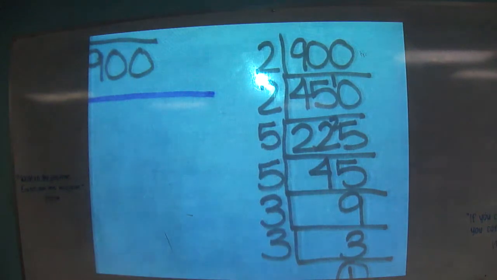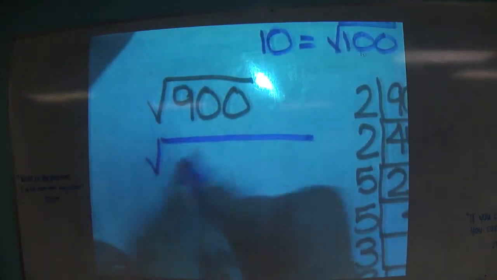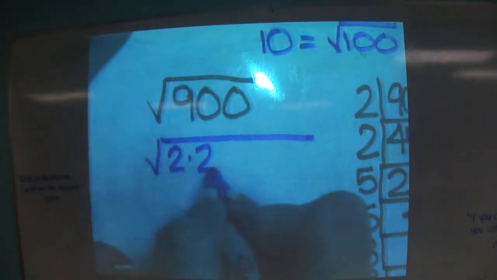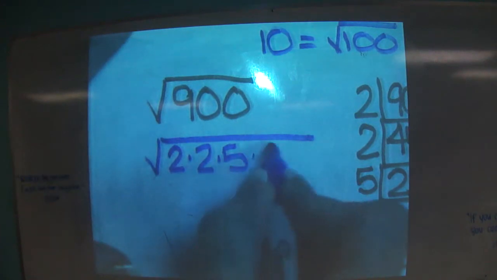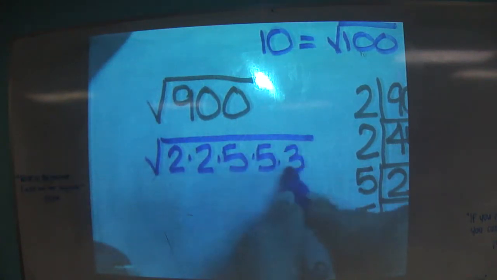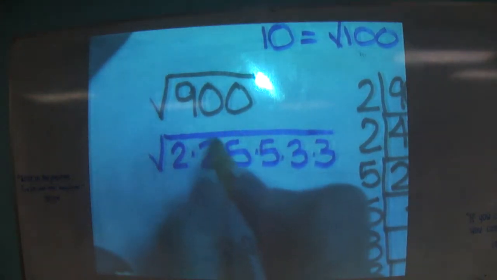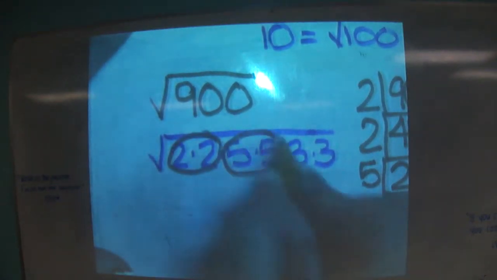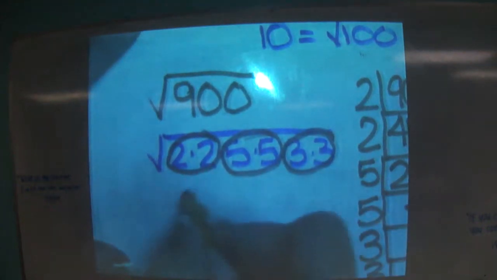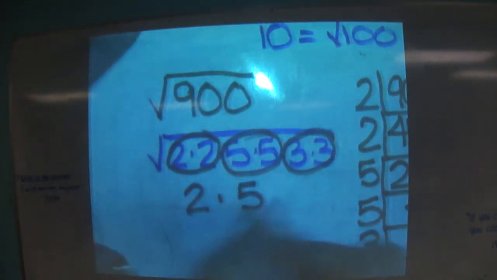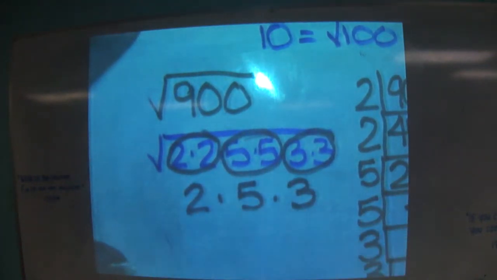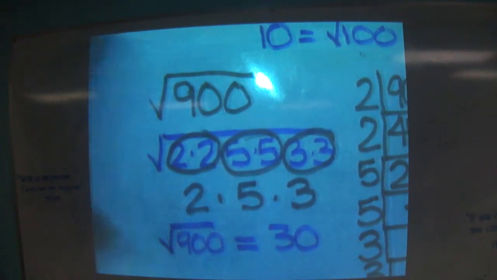Square root of 900 is 2 times 2 times 5 times 5 times 3 times 3. And we can see who gets out of jail: 2s, 5s, and 3s. It's 2 times 5 times 3, so the square root of 900 equals 30.